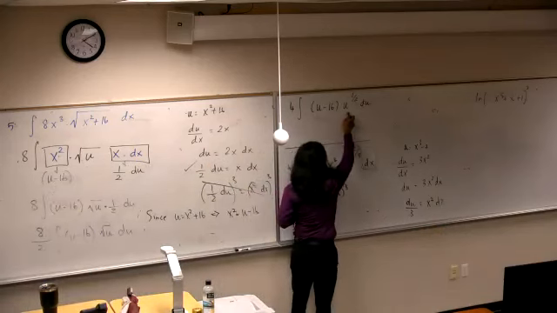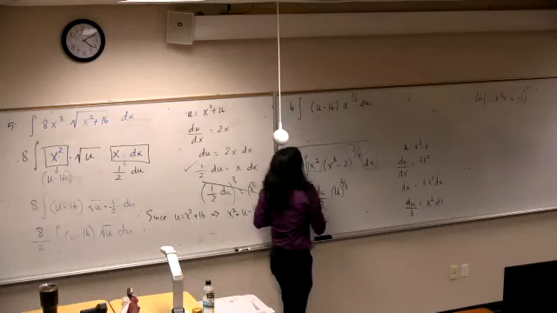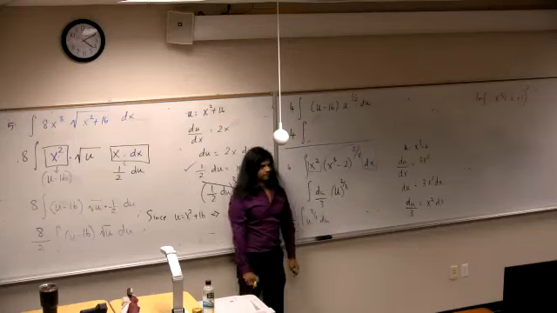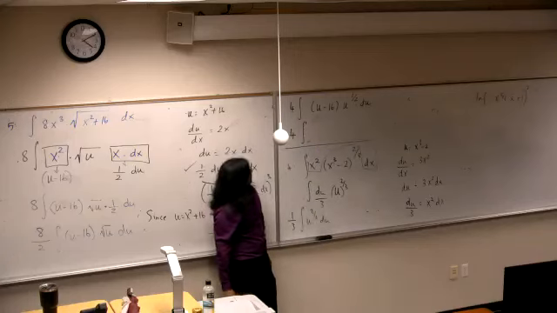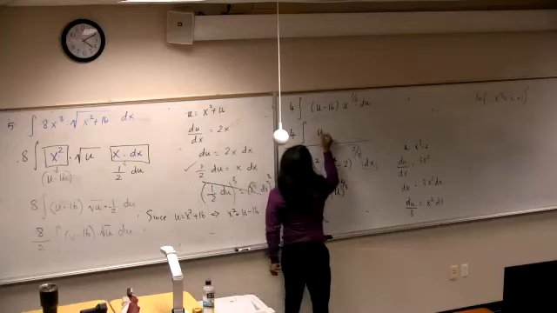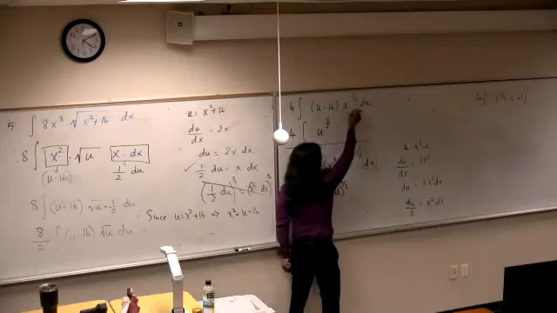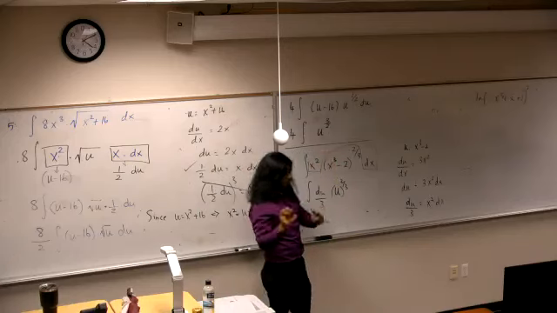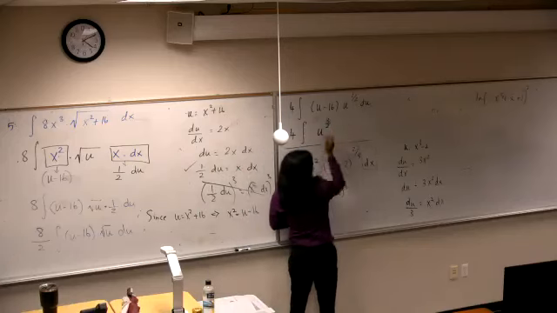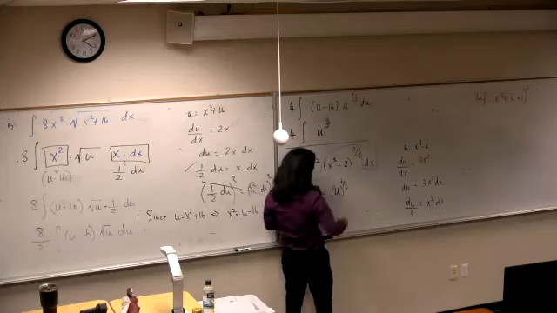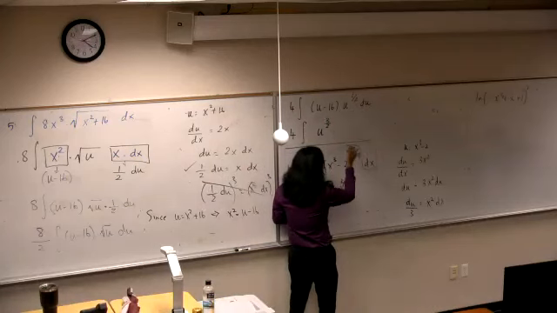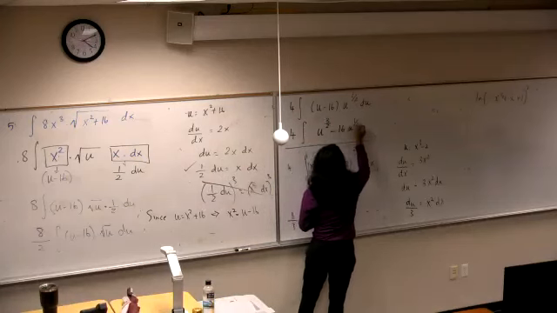If I distribute u to the 1/2 in here, what is u times u to the 1/2? u to the 3/2. Bases are the same, so by properties of exponents we add the exponents. This part is easy. What is 16 times u to the 1/2? 16 u to the 1/2.